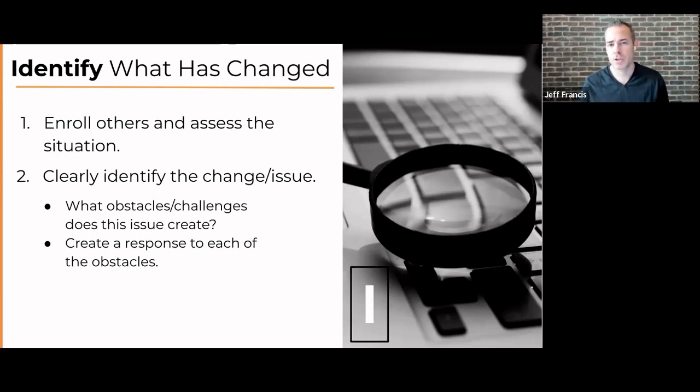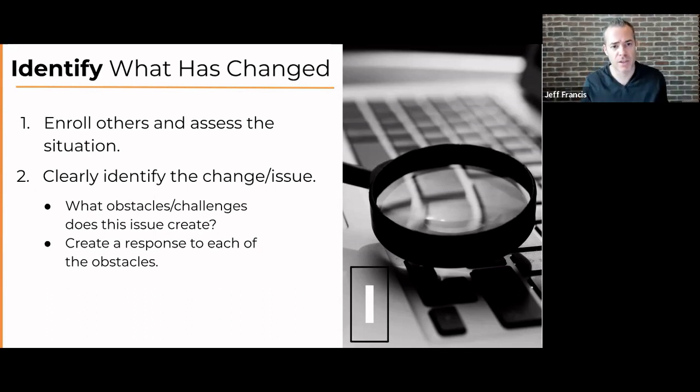So that could be developers, could be stakeholders, could be even potential customers. So enroll others so that you can get better information and then start to hone in on the right answer. Number 2, clearly identify the change and issue. So what's the obstacle or challenge this creates, right? So why is this a problem, in other words?